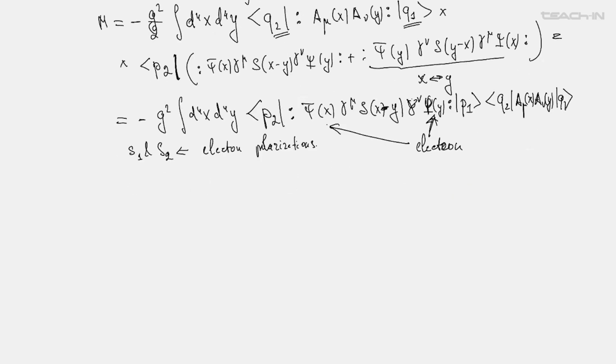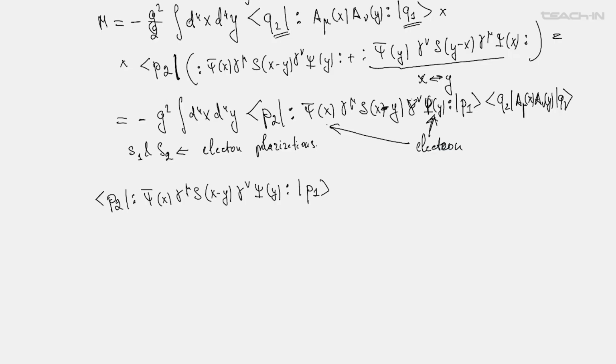So ⟨P2, S2| psi bar(X) gamma mu S(X minus Y) gamma nu psi(Y) |P1, S1⟩. So what we have to do now is to substitute here the expressions for psi and psi bar via creation and annihilation operators.